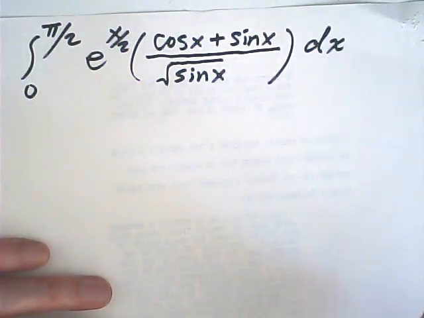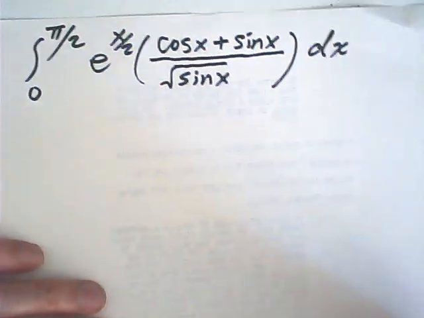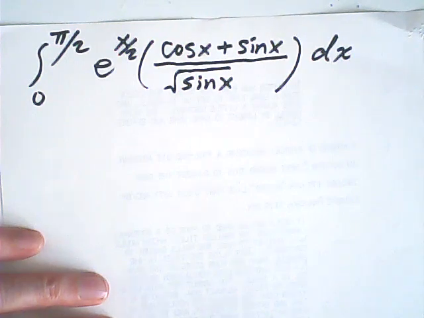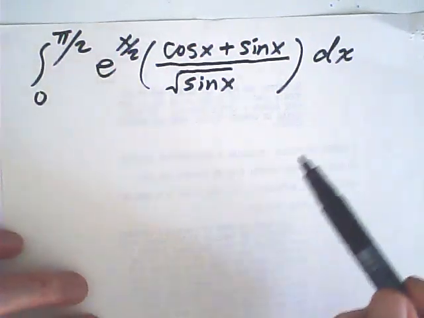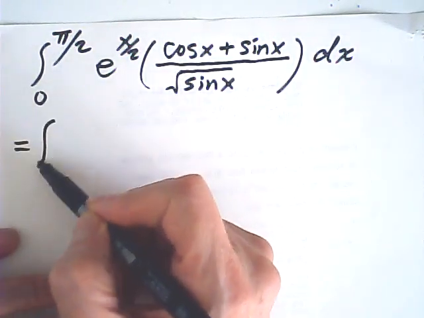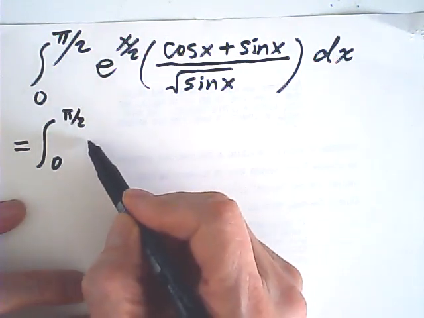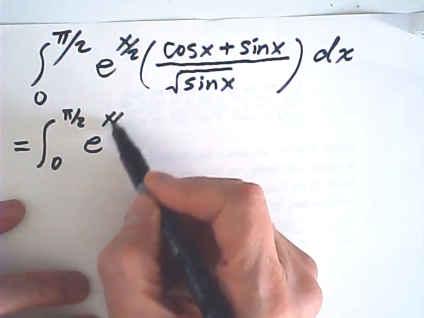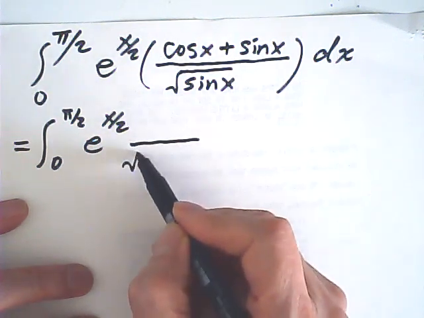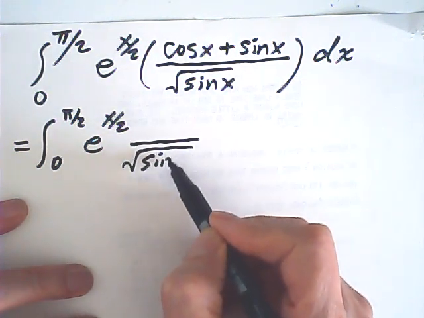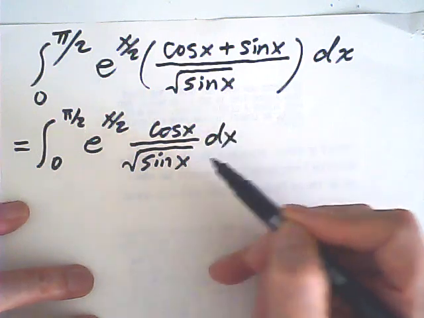An interesting integral. Now, let me do two methods for this integral. The first method is obvious: split this integral into two. The first one is from 0 to half pi of e to the half x times square root sine x and cosine x dx.